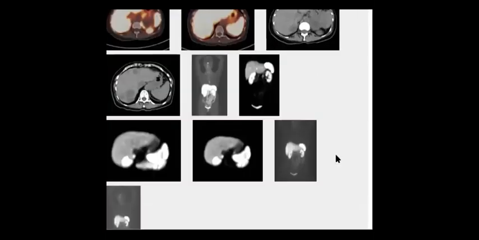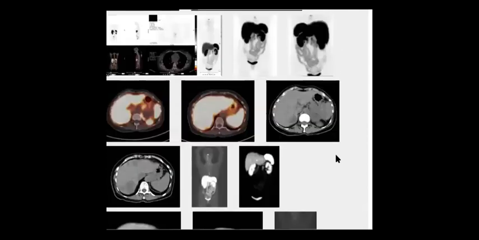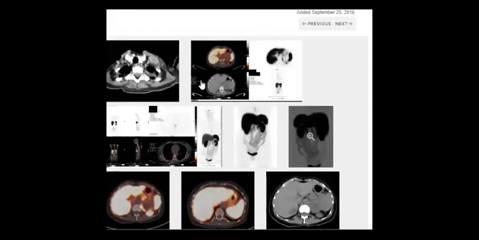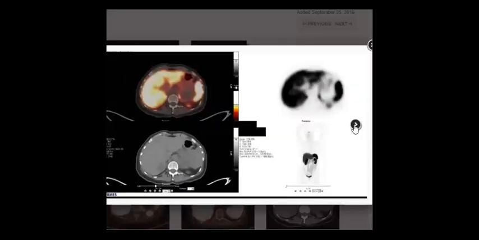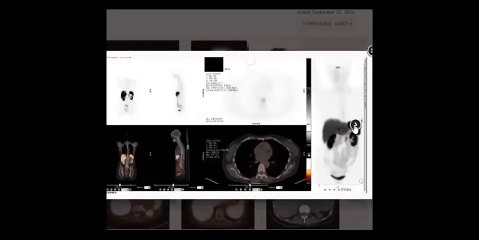So your differential, what will it be, again? It could be lymphoma. Do you agree? Lymphoma can involve the suprarenal, it can be metastasis. If it is metastasis, you will search for the primary. Yes, nice.